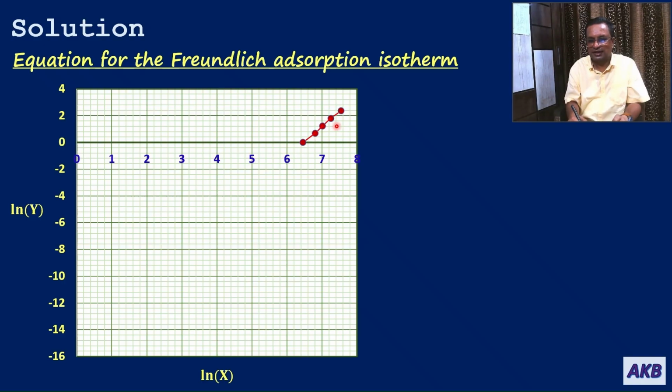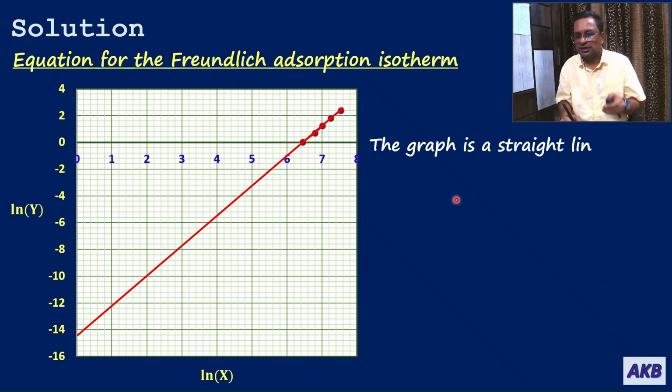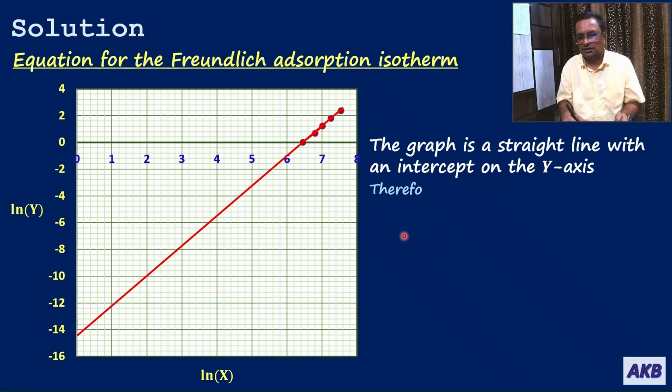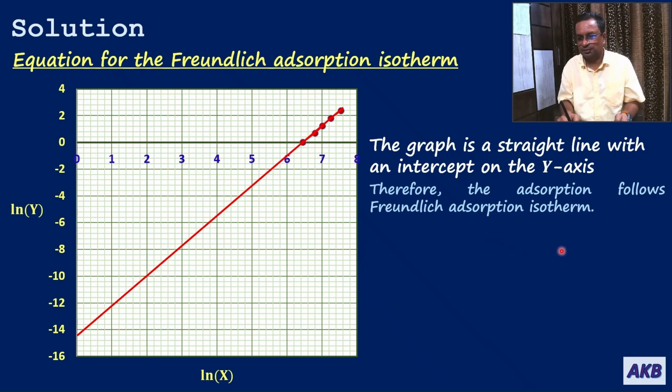I will extend it so that I get the intercept on the y-axis. So a plot of ln of y versus ln of x is a straight line, and it has an intercept on the y-axis. Our conclusion is that the graph is a straight line with an intercept on the y-axis. Therefore, we can conclude that the adsorption follows the Freundlich adsorption isotherm.